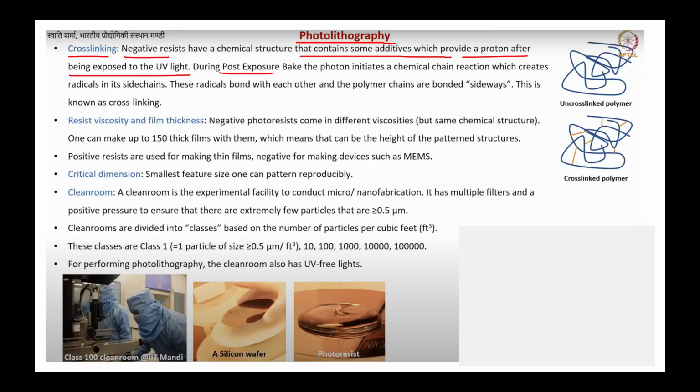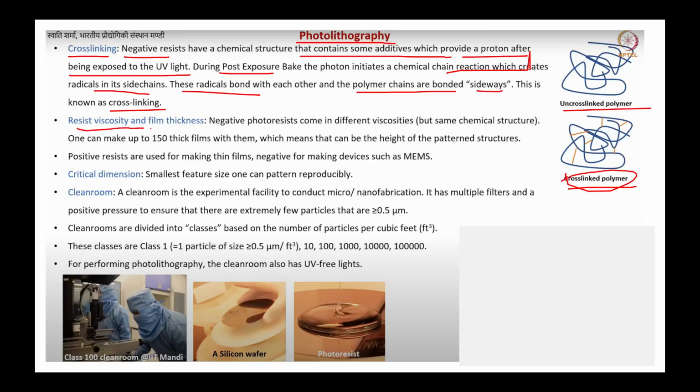During post-exposure bake, the photon initiates a chemical chain reaction which creates radicals in its side chains. These radicals bond with each other and the polymer chains are bonded sideways. This is known as cross-linking. Here you can see an uncrossed polymer, and here it makes sideways bonds, and this is a cross-linked polymer.